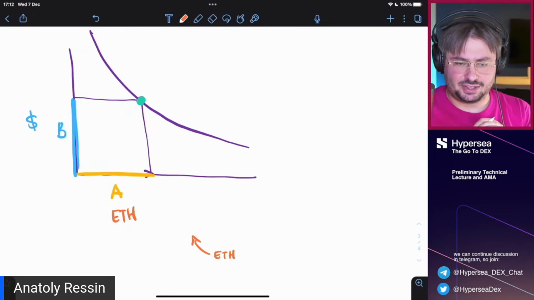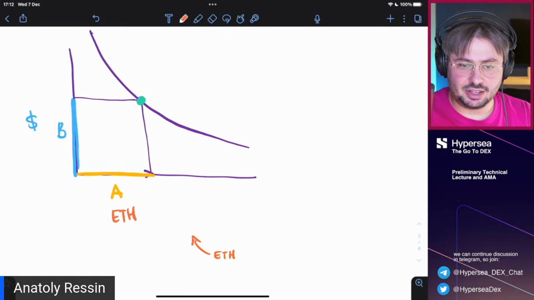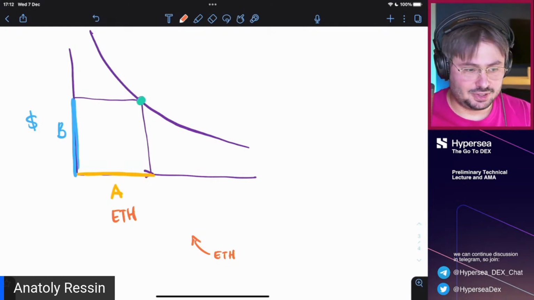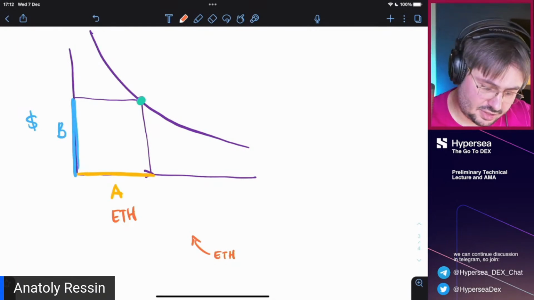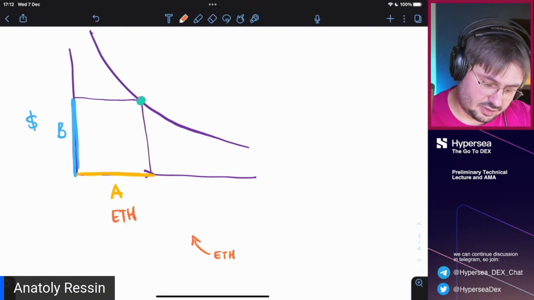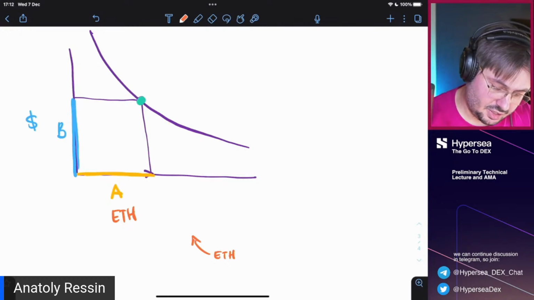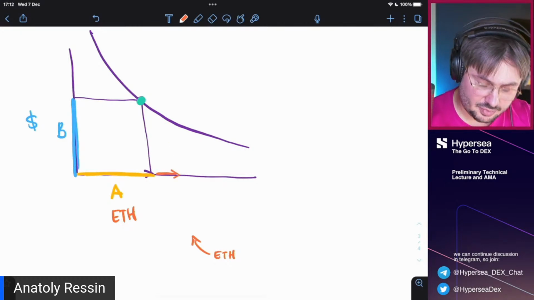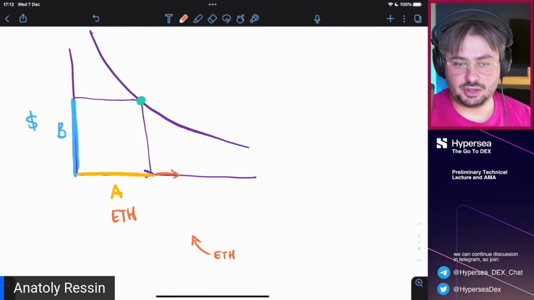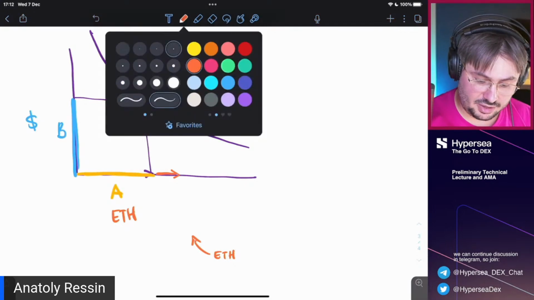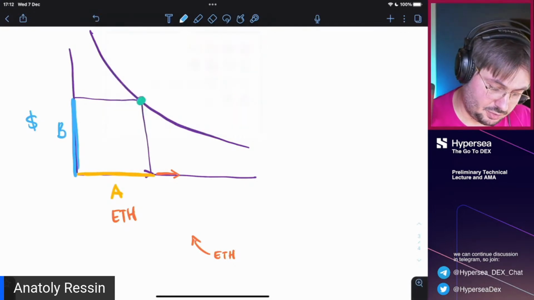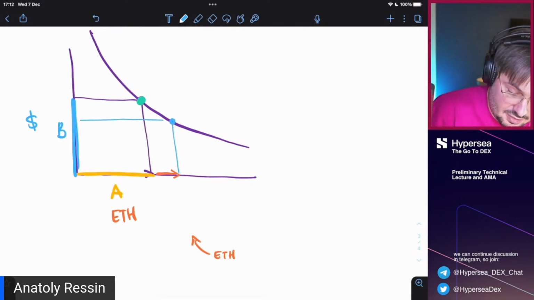If you are providing more Ethereum to the exchange, then you just increase the amount of Ethereum here, and how many dollars will be paid to you is answered by this simple diagram.